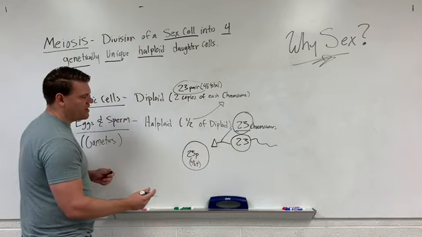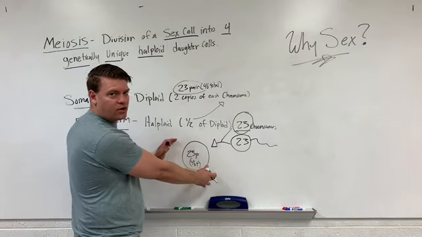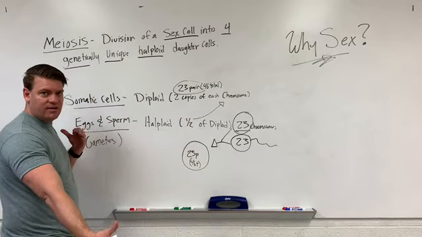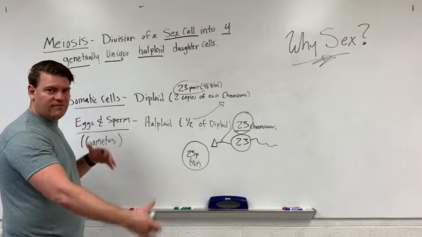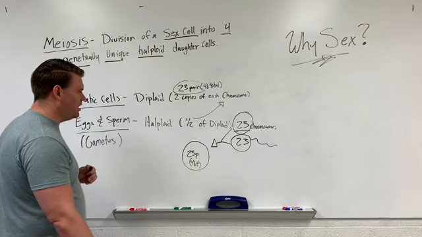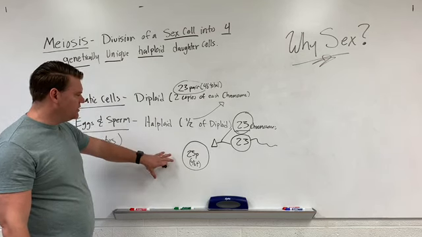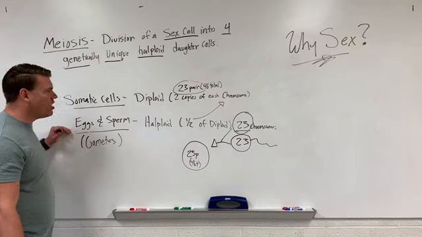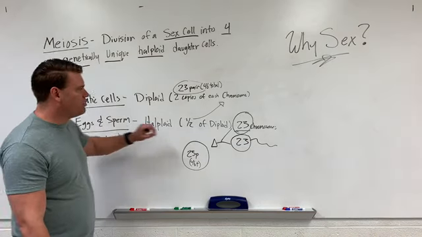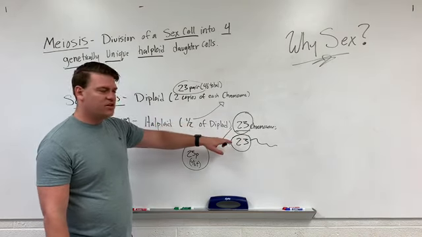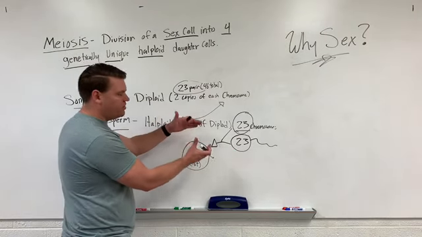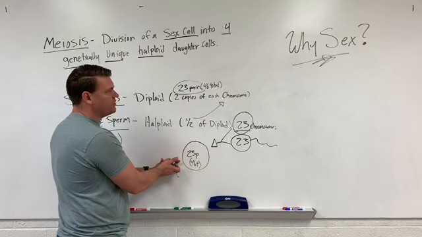chromosomes. And that's how we get back to being a diploid organism, a diploid somatic cell that then divides and becomes a fetus, and then an infant, and then eventually an adult, right? So this is a very important part of sexual reproduction, to break down our cells to only having 23 chromosomes each, so that they can then come together to fertilize and create a new offspring.